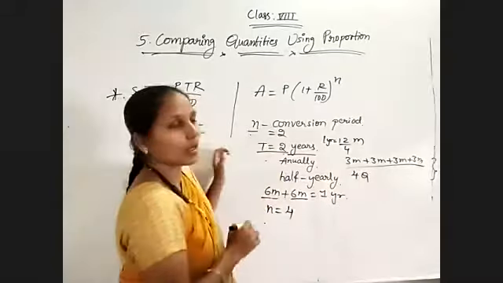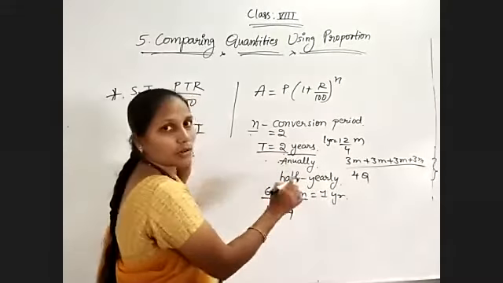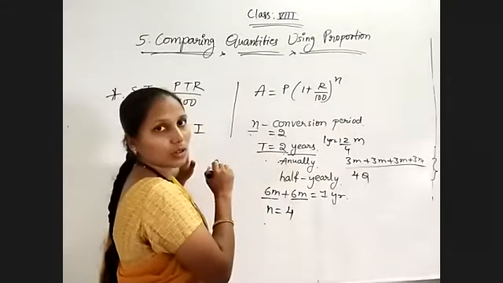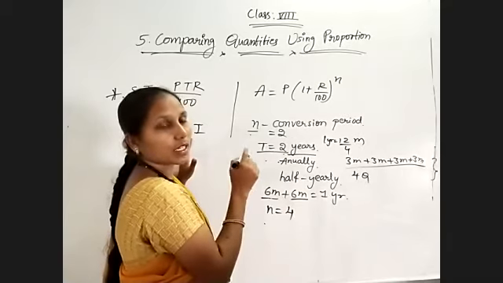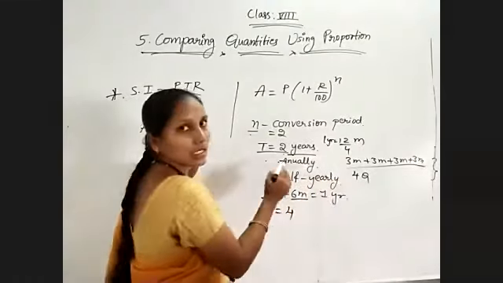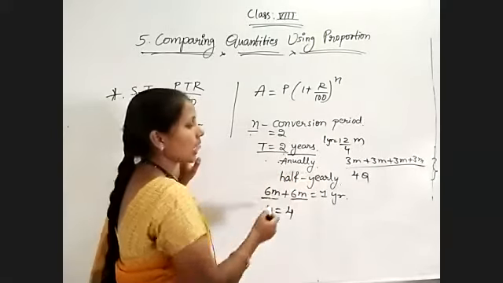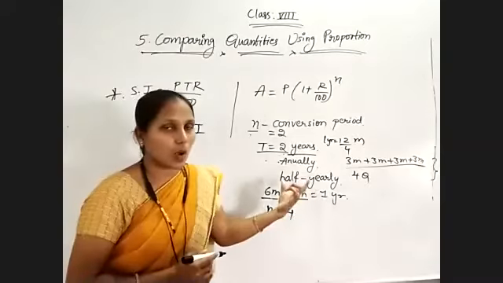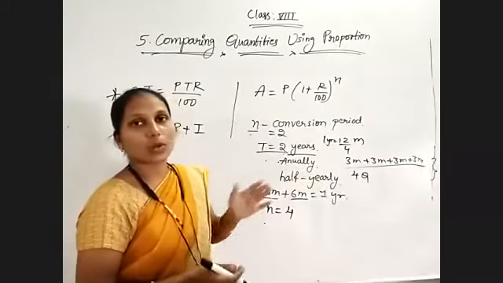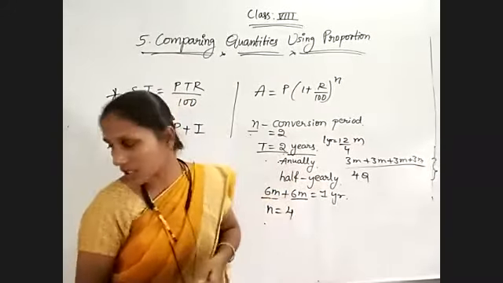For 1 year, 4; 2 years will be 2 into 4, so 4 into N, 4 twos are 8, like that. So for 1 year, we get 4 conversion periods when the amount is compounded quarterly. While we are doing the problems, we will understand more about the conversion period.